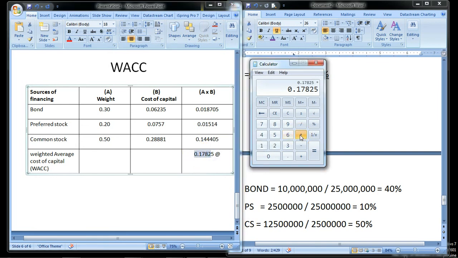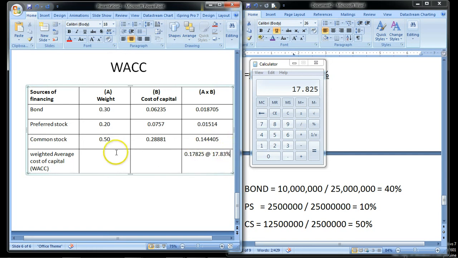You times with 100, then you will get 17.83%. Last answer, then you can round up to 2 decimal point. So your WACC is 17.83%. That is the overall weighted average cost of capital.